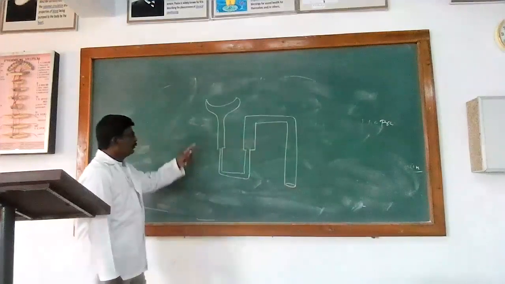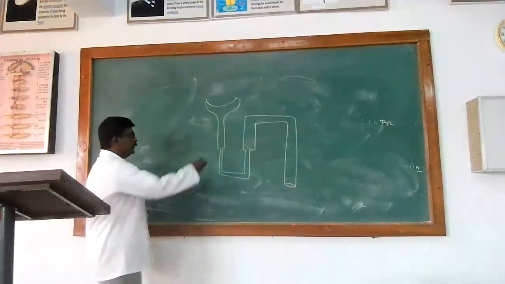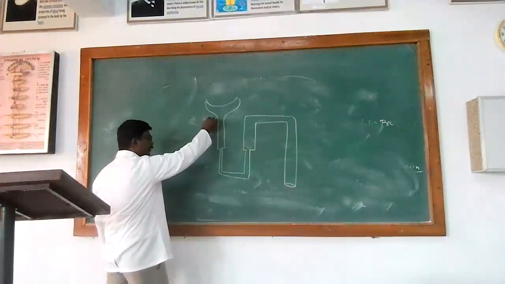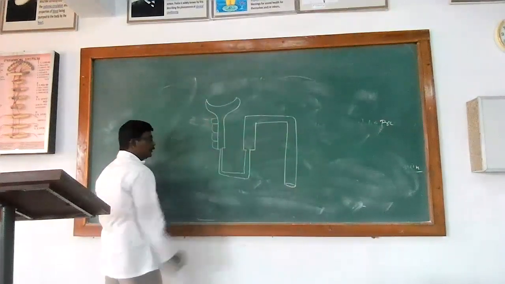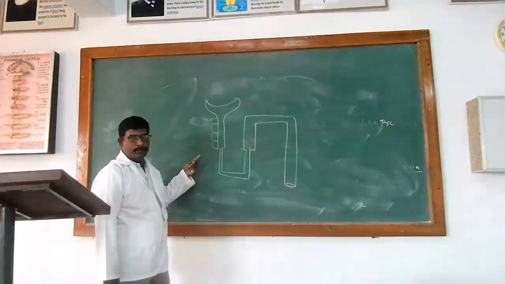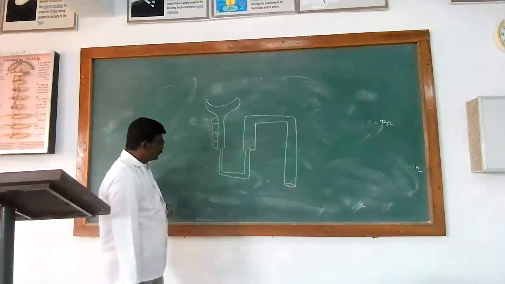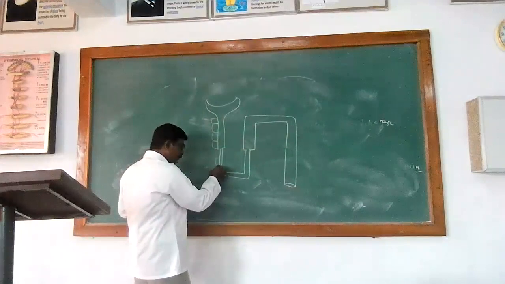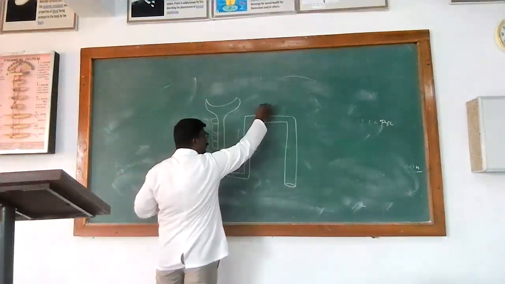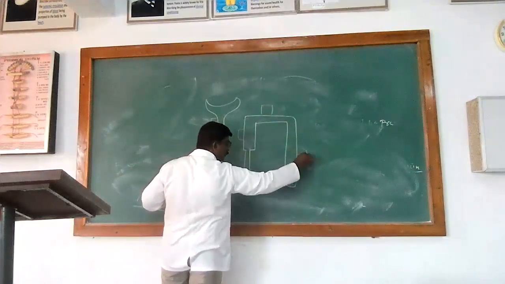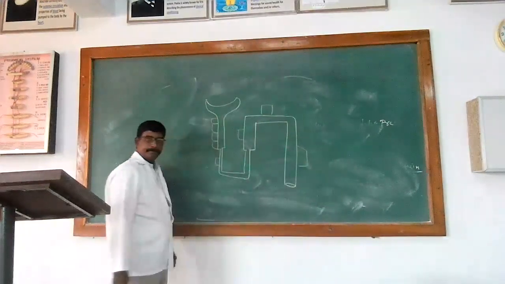Right. Here first we will study these cells present on the proximal tubule. Afterwards, some cells are also present here, here, and here.